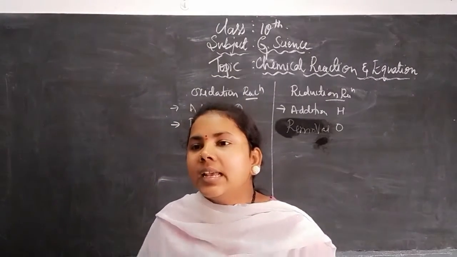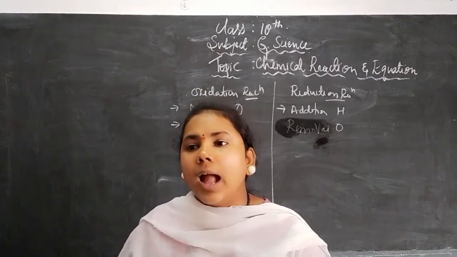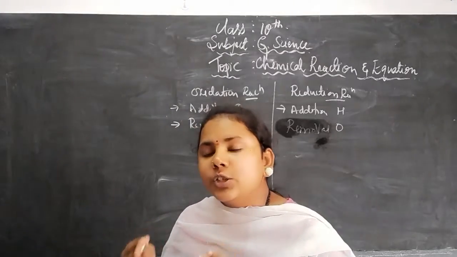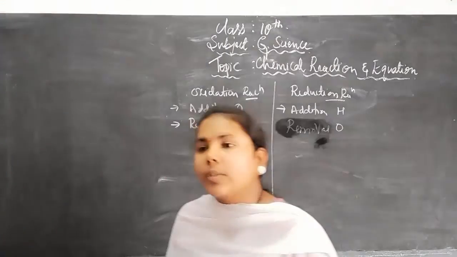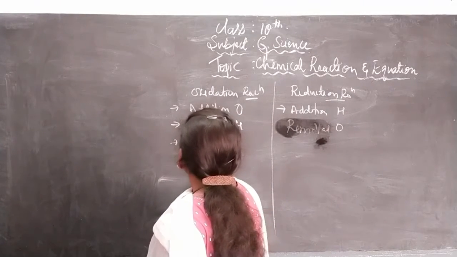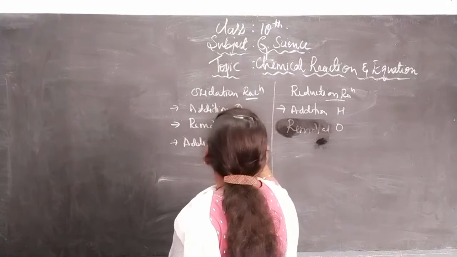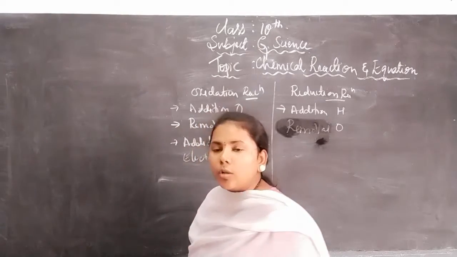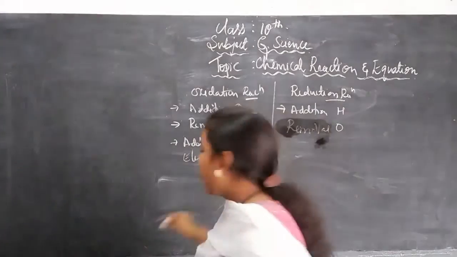Then what happens in this oxidation reaction? Addition of non-metals or electronegative elements, you can see. Addition of a non-metal with the electropositive elements.